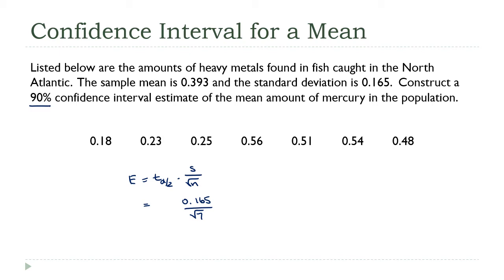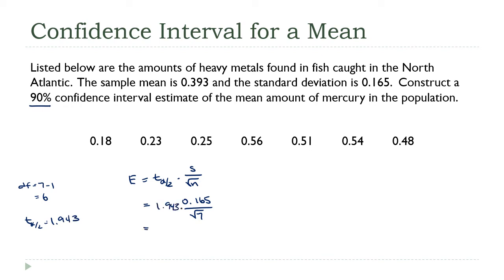Well, the degrees of freedom here, remember, that's the sample size minus 1. So the degrees of freedom is going to be 6. So you'll go down to row 6, and the score that you should see there, you're going to get t alpha over 2 equals 1.943. So that's what I'll drop in here.